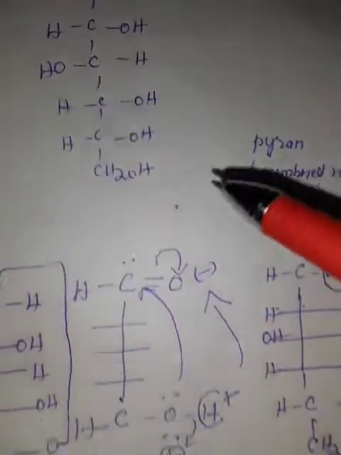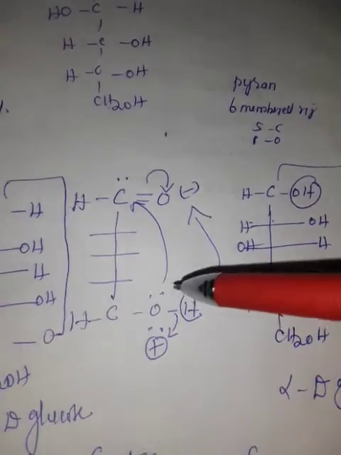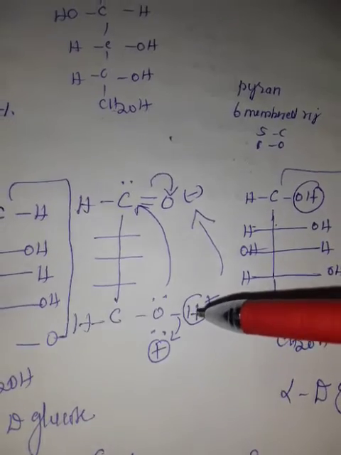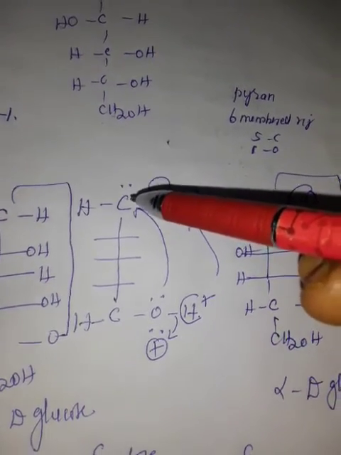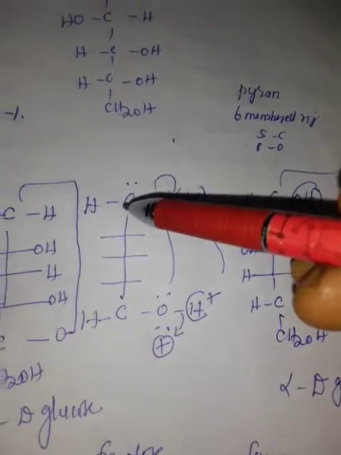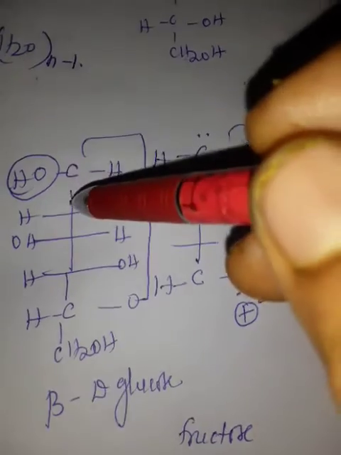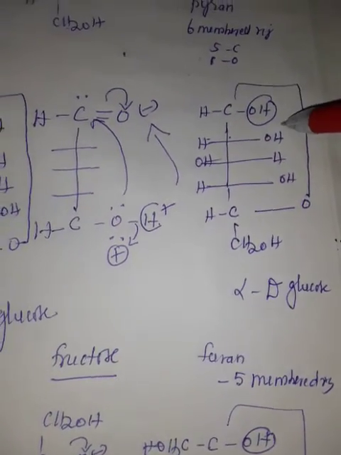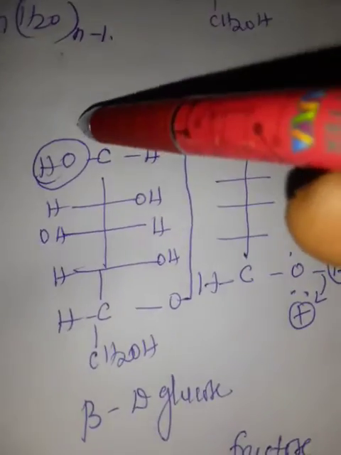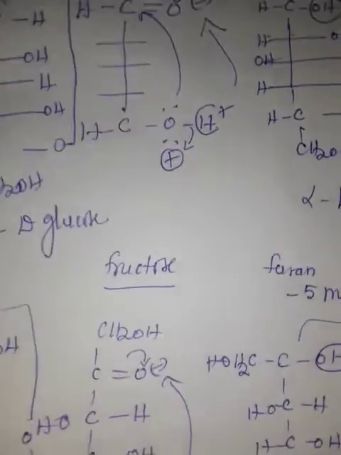So here the hydrogen from the fifth carbon shifted to the first carbon, the aldehyde carbon, that is the anomeric carbon. So the structure changes to alpha D glucose and beta D glucose. Alpha D means OH is present on the right side, beta means OH present on the left side.